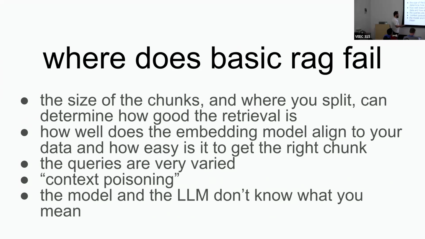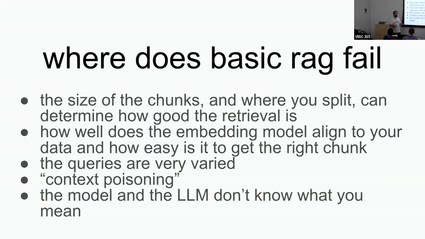And then finally, the model and the LLM don't know what you mean, right? So to use that travel example before, that was a chat conversation where people could say, I want to go to a European beach. And then people would say things like, I want to go somewhere warmer, right? As an interactive process. So does warmer mean a warmer country like Thailand? Or if you say I want to go to a beach in August, does warmer mean Europe?